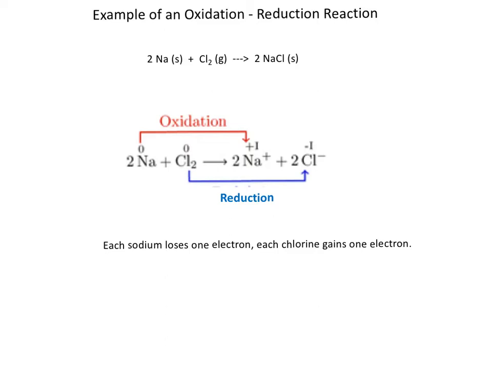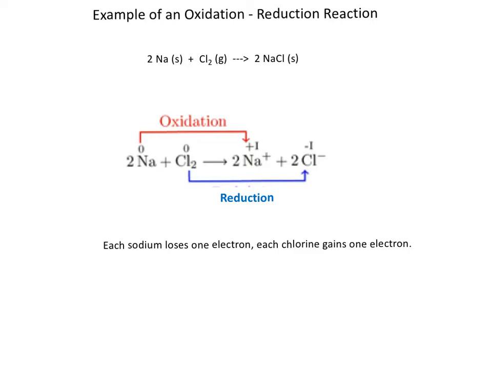So you can see the change here. Oxidation of sodium: it's lost an electron, and so it becomes positive. Reduction: chlorine starts out with oxidation number 0, and it picks up an electron that it took from sodium, and now it's chloride, and so the oxidation number is -1.